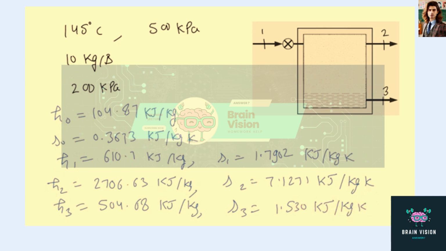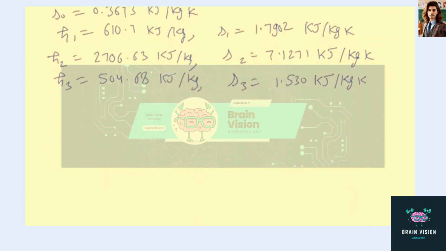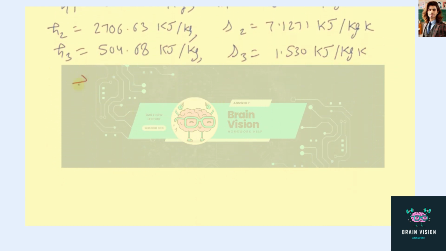Now let's apply the formula to calculate dryness fraction. So we can write H1 is equals to x H2 plus 1 minus x into H3. So from here dryness fraction x will be equals to H1 minus H3 upon H2 minus H3.